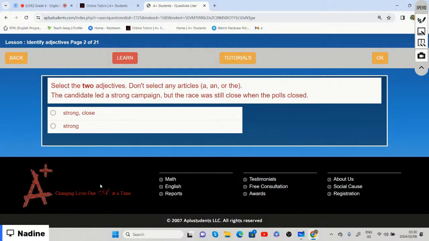So we need to select two adjectives, right? And once again, do not select a and the. So two adjectives. It says the candidate led a strong campaign, but the race was still close when the polls closed.